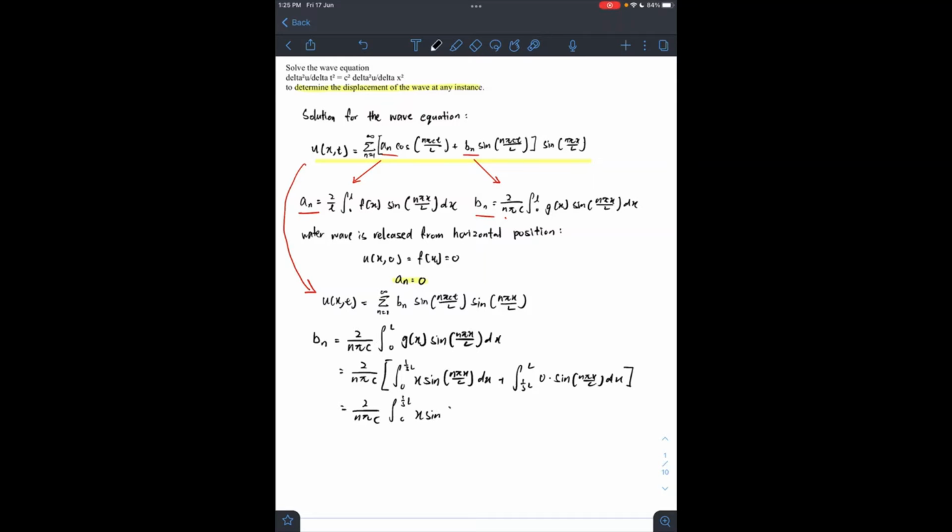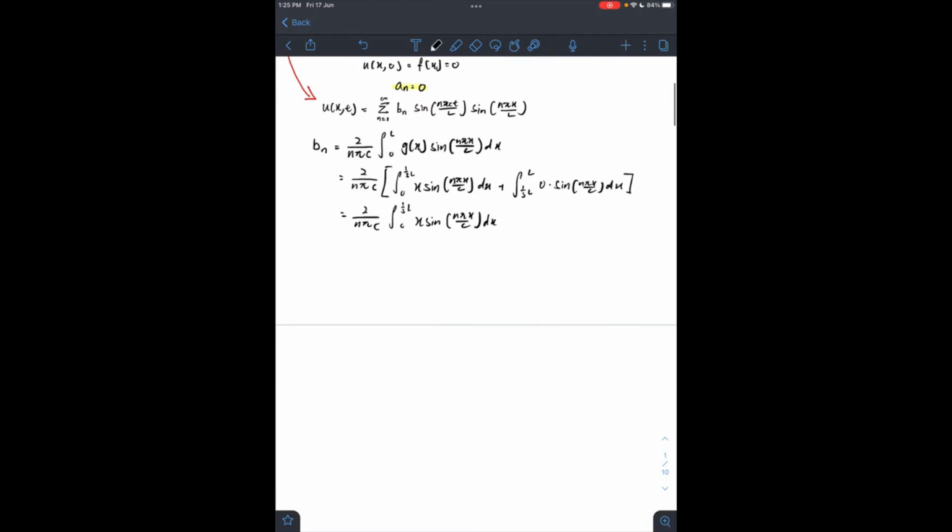Okay, the next thing we need to do is the tabular method. So differentiate, integrate, and then x, 1 and zeros, and this is the sine n pi x over L, and we integrate it, it will become this. Integrate it again, and it will become this.